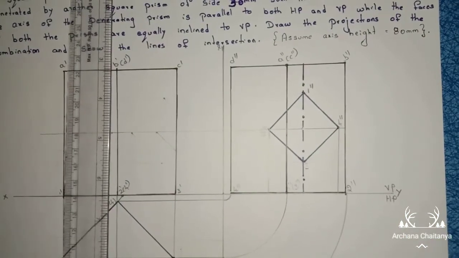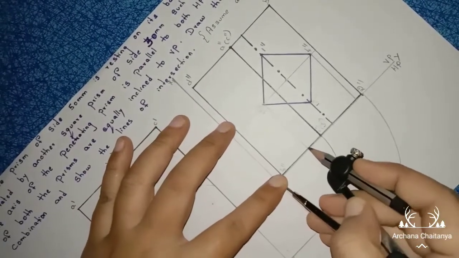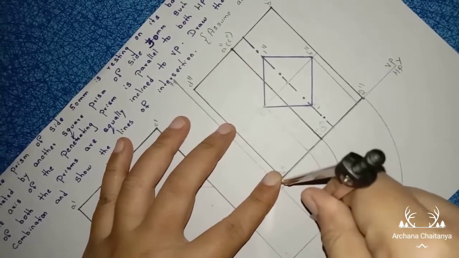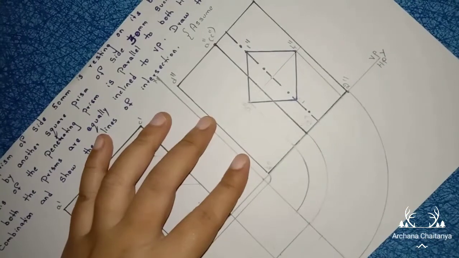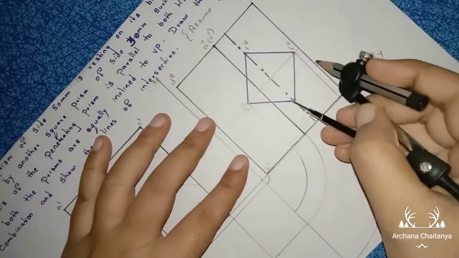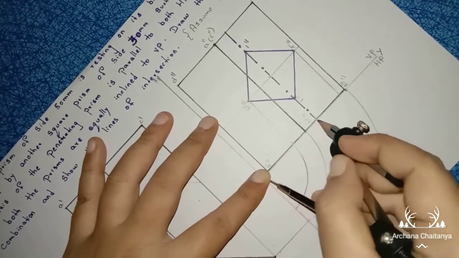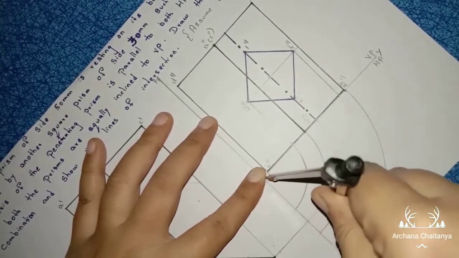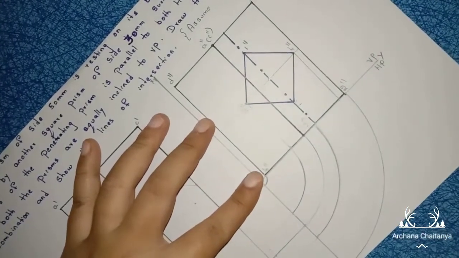After that what we have to do? Place your compass here at this point. Take this distance 2 double dash. Now draw an arc till this reference line. Then next 1 double dash and 3 double dash. This is the point. Now place your compass here, take this distance, draw an arc till this reference line.